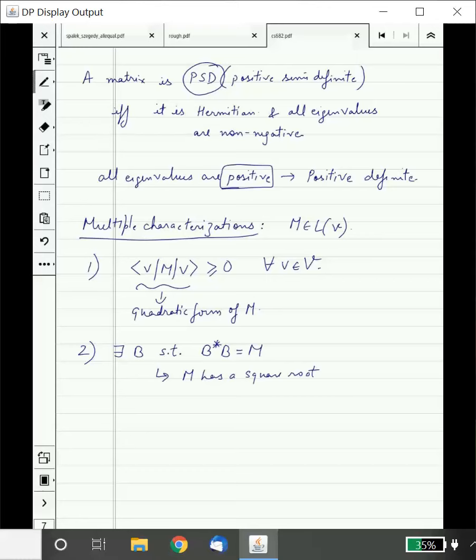At this point, just remember the shorthand that M has a square root. So it turns out that all three definitions are equivalent. Remember the zeroth definition: M is Hermitian and all eigenvalues are non-negative.